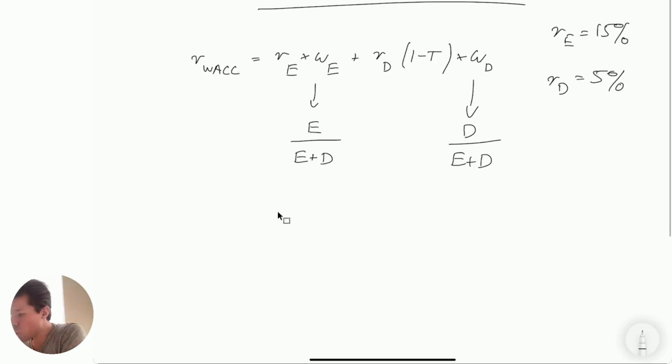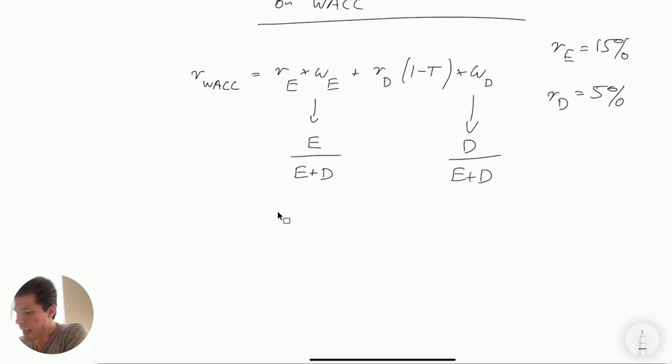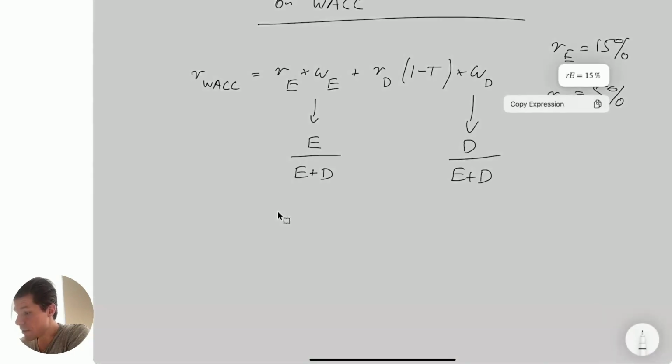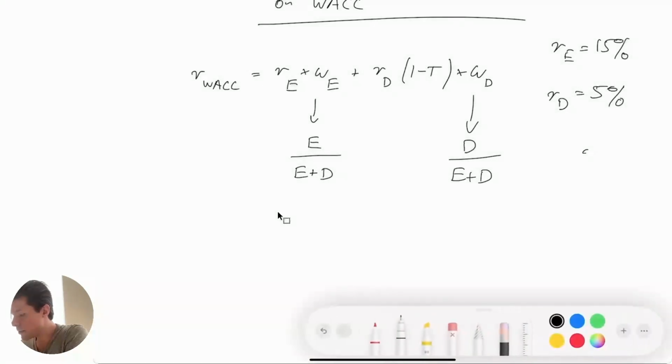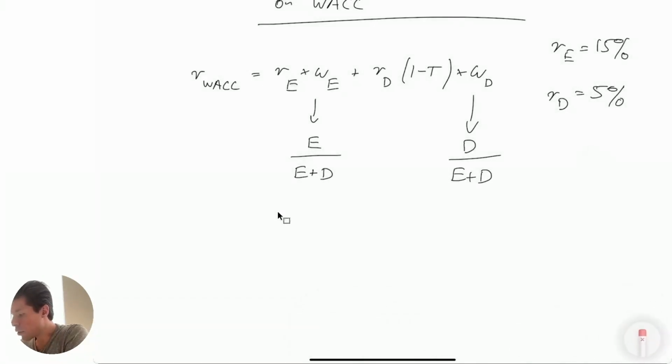If we assume we have 100% equity, then our weighted average cost of capital would be 15%, basically our cost of equity.